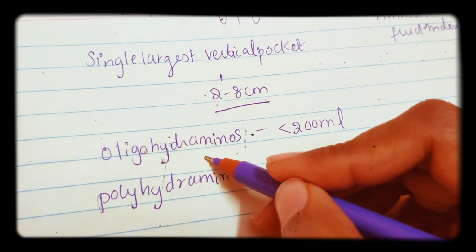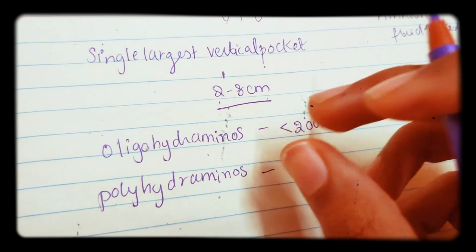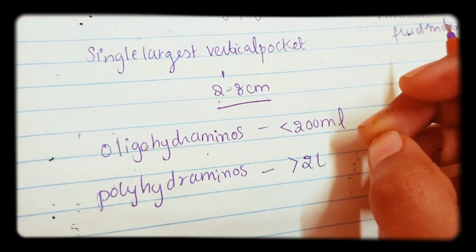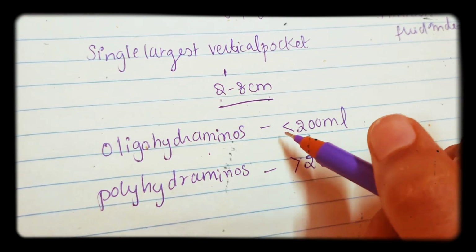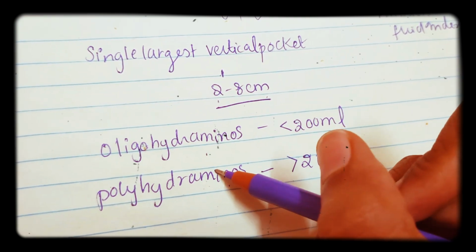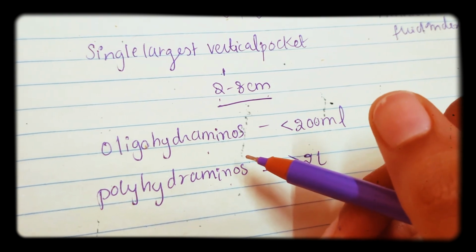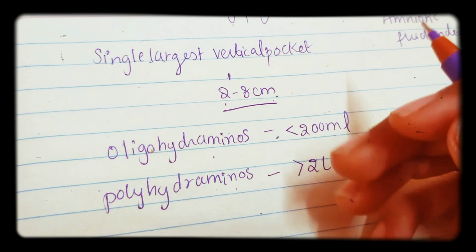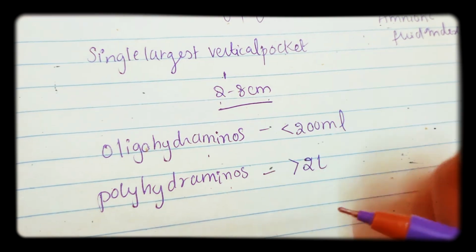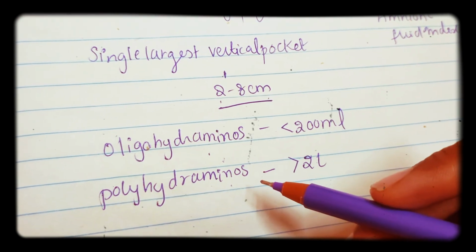So what is the problem in oligohydramnios? There is low amniotic fluid. Why is there low amniotic fluid? Because there is no more production of amniotic fluid from the fetus. In polyhydramnios, what is the problem? There is more production of amniotic fluid, and there is also a swallowing problem, that the fetus is not swallowing it back, so there is an increase of amniotic fluid.